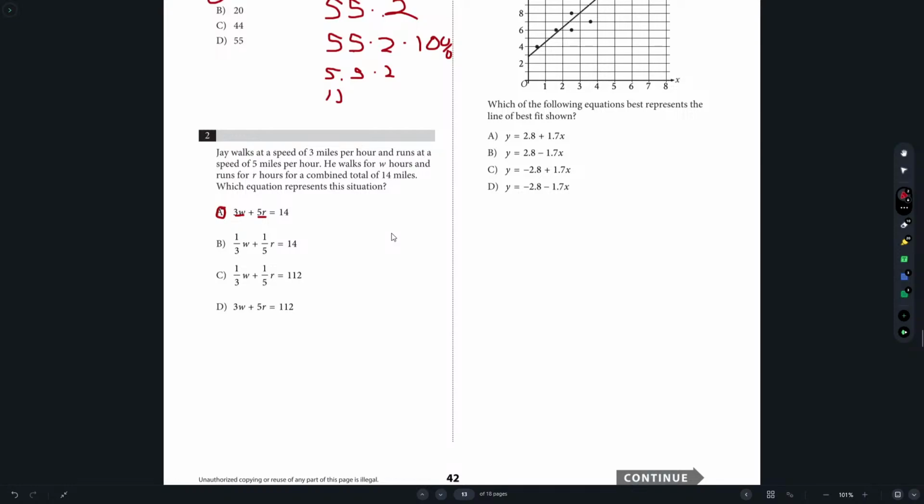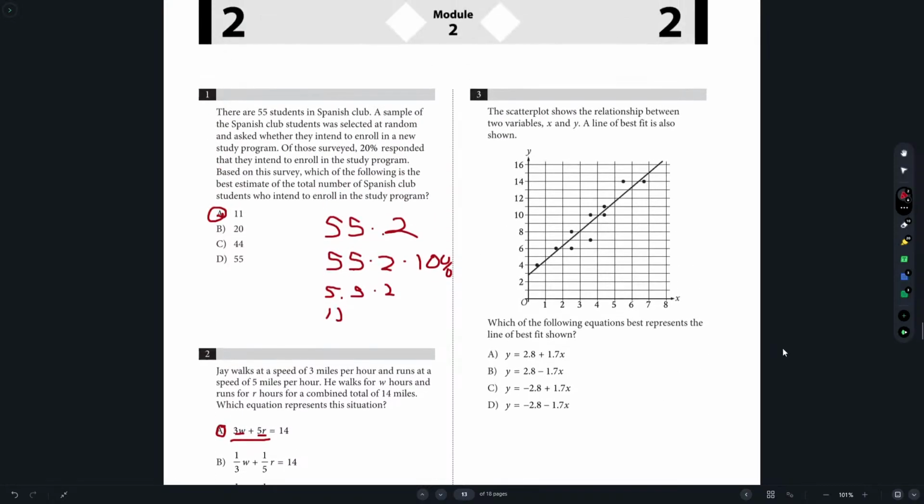I feel like I might be missing something for this problem though. Oh, because we're not given how many hours. If this was a systems of equation question, then we would also be given how many hours in total, and then we could solve it. But as is, this is the correct answer.